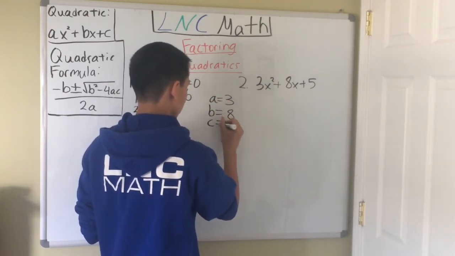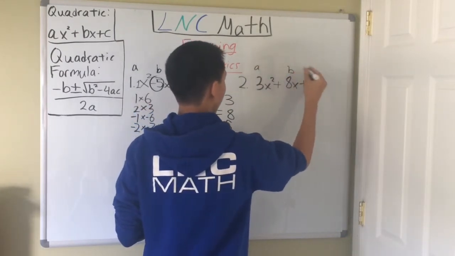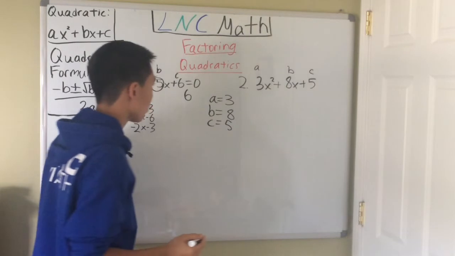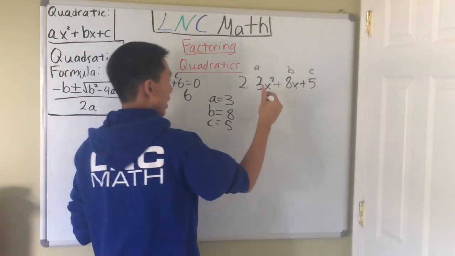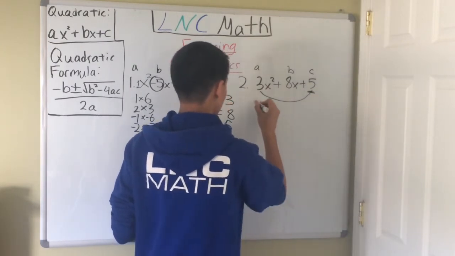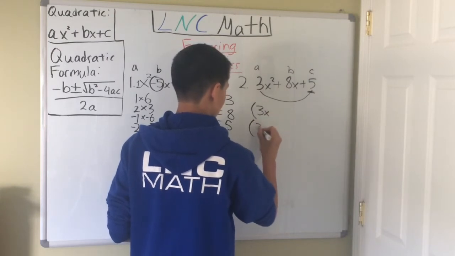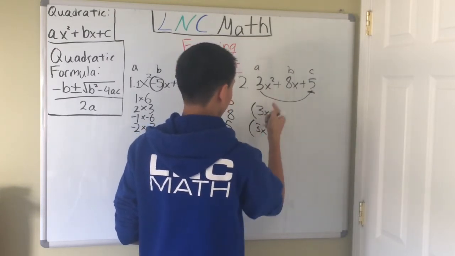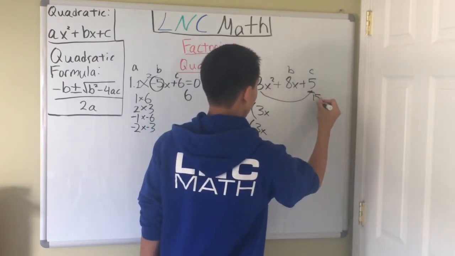And c equals 5. A, B, C. Now remember, we want to multiply the a by the c, and then we'll just drop down our variables. 3x. Drop down the a. So 3 times 5 is 15.